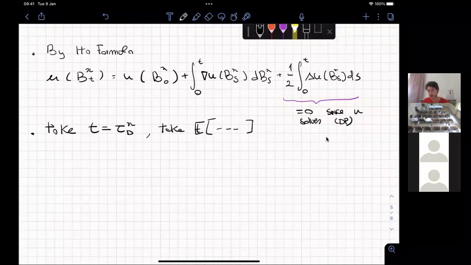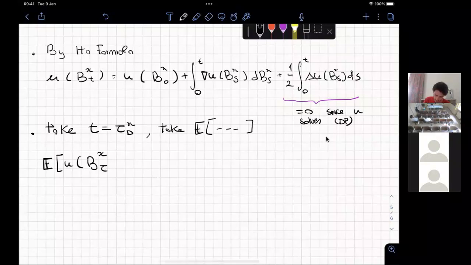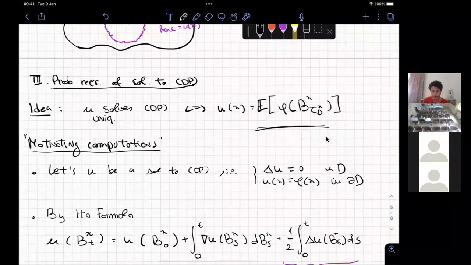Now, on the left-hand side, what we obtain is just the expectation of u(B_{tau_D^x}^x). So this is exactly our guy here.